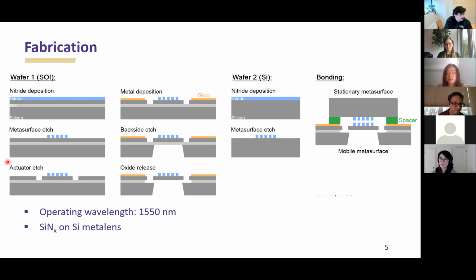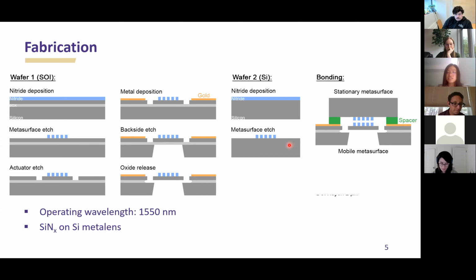The electrostatic MEMS platform was patterned in the silicon layer right underneath the metasurface. And we use backside etching to open up the window for the metasurface optics. Then we use the HF release etch to remove the oxide. So the whole metasurface structure is in suspension, held by some spring structure, which is not shown in this image.